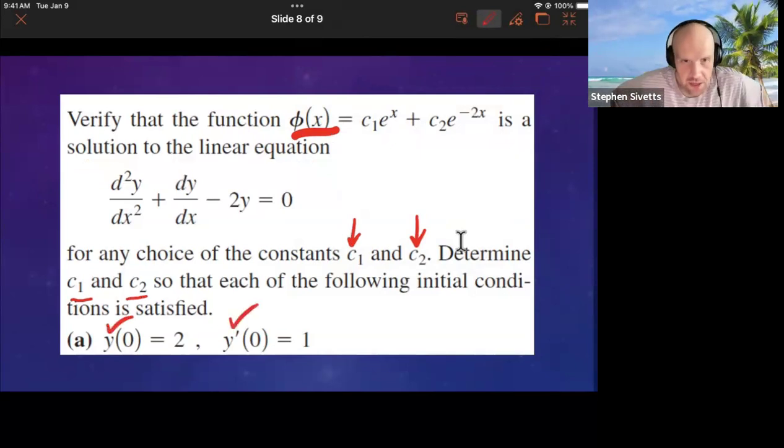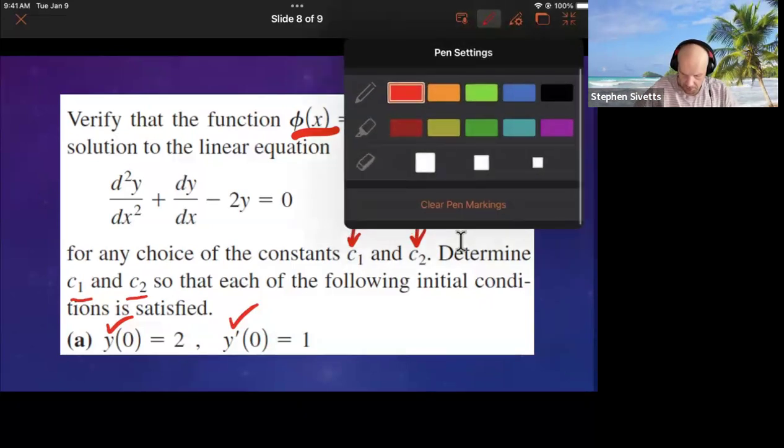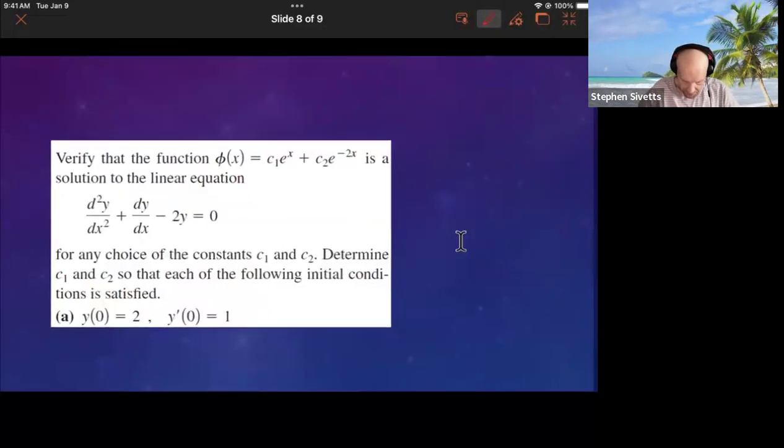So pause the video and work on this example real quick, and I'll show you the solution later. Good luck.